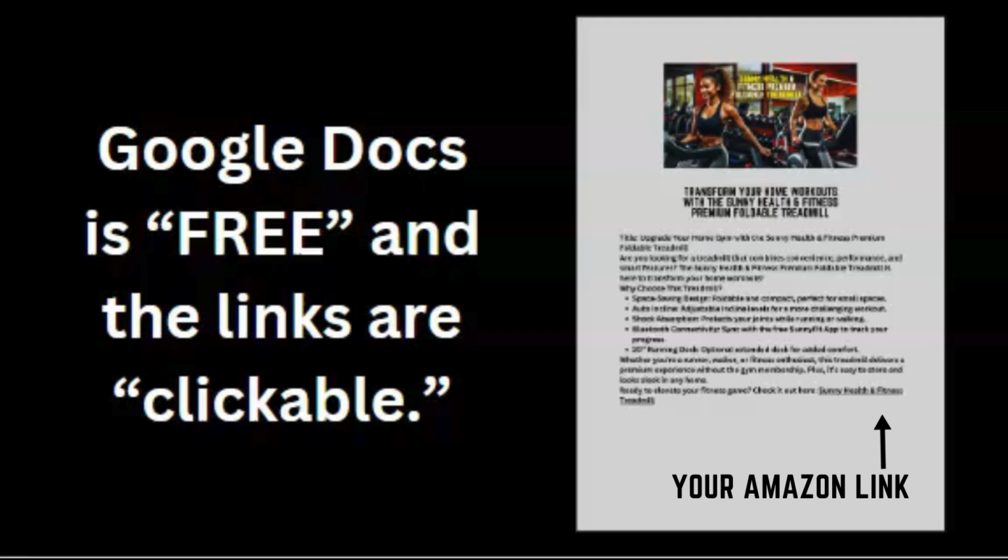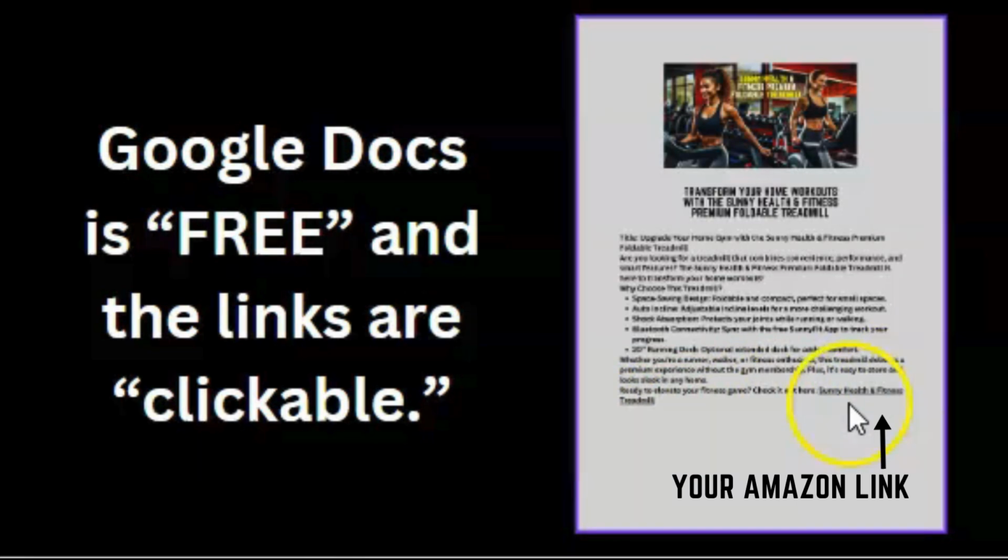I copied the blog sales page and pasted it into Google Docs, and I placed my link in the writing, the call to action here at the bottom. The link is embedded in there, and when they click here, it will take them directly to the Amazon sales page. Again, totally free.